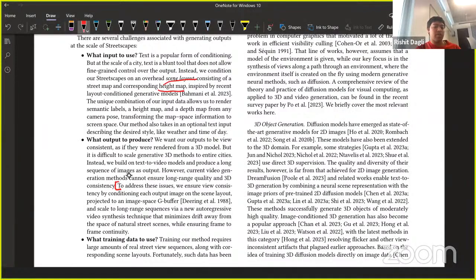So you also need to do this somehow. Yeah, so they have this G buffer thing, which yeah, they have a figure about that. So let's talk about that in the figure.